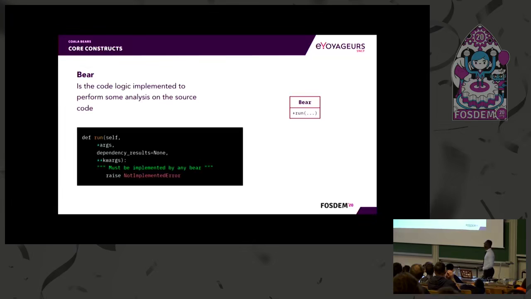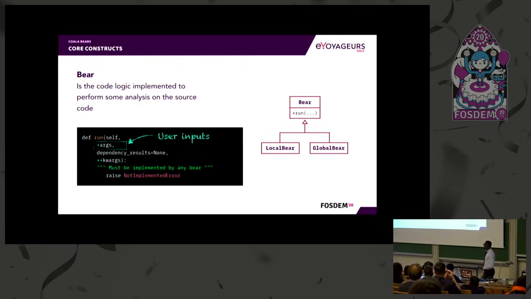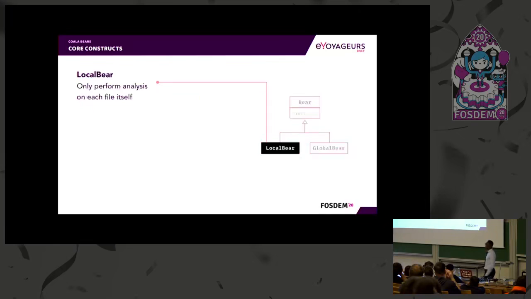And the run function is the one which is executed to run your algorithm. From the bears, you have two classes, local bear and global bear. Actually, your code should extend from those two. And you can also have user input as args, which is provided by the framework.